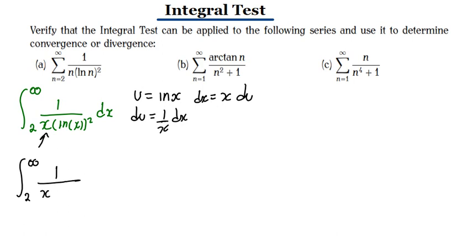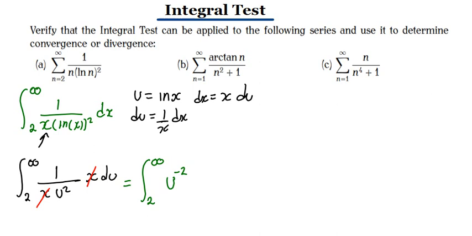of 1 over x, then u squared, because I said ln of x is equal to u. Then instead of dx, I put what dx is, which is x du. You observe that this and that cancel out. We remain with u to the minus 2 du.